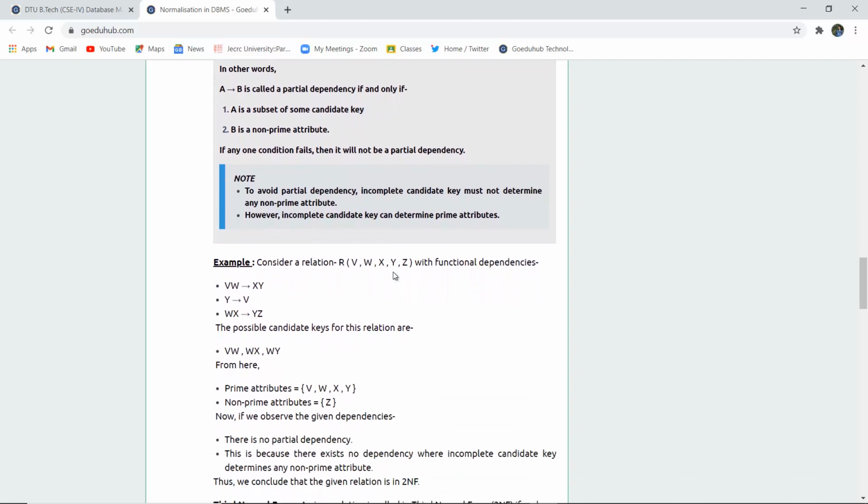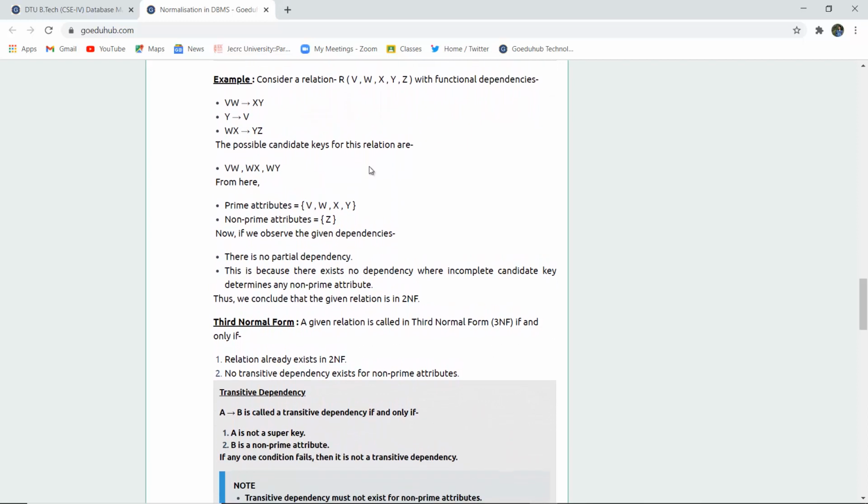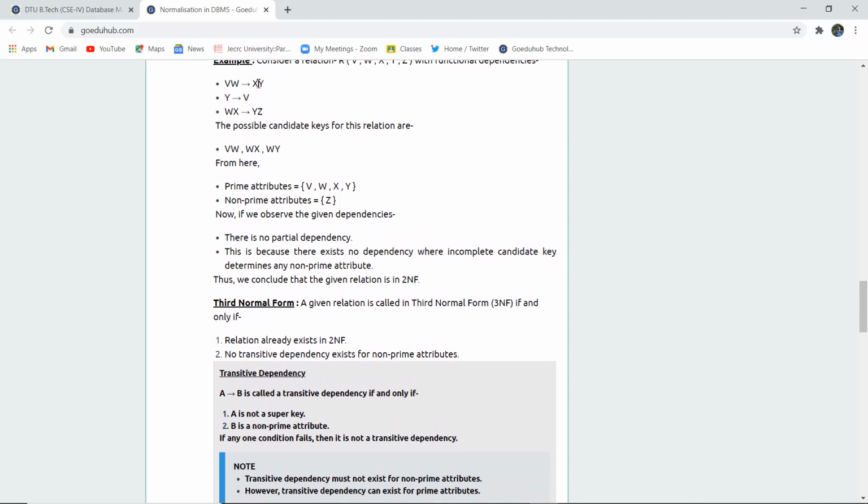Now let us take an example. Here is a relation V, W, X, Y, Z with functional dependencies: V and W determine X and Y, Y determines V and W, and X determines Y and Z. The possible candidate keys are the combinations VW, VX, and WY.